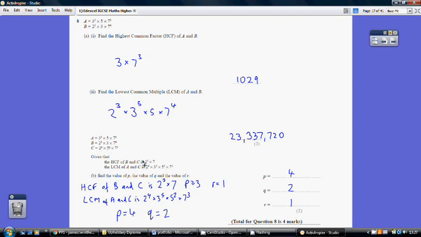Then 5 squared means that, as we're comparing A and C, our highest power of 5 is going to be squared, so Q is equal to 2. So P is 4 and Q is 2. Overall, we've got R equaling 1 derived from the first fact, and P being 4 and Q being 2 derived from the second fact.